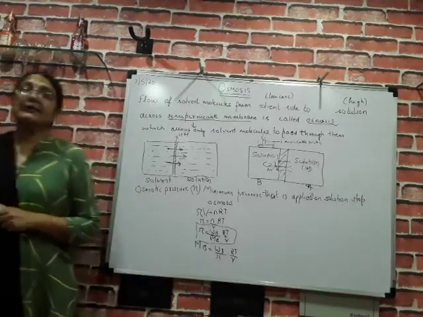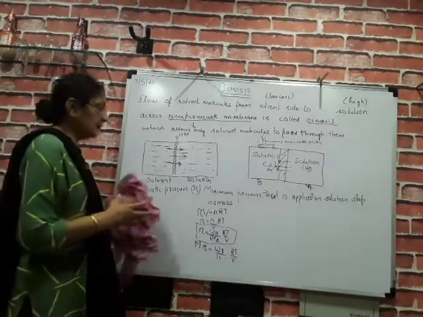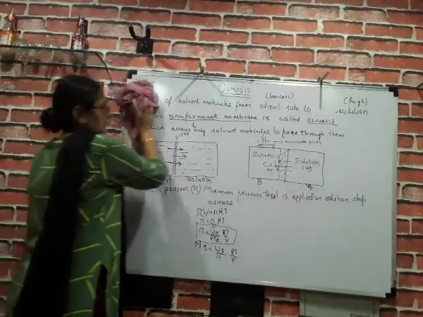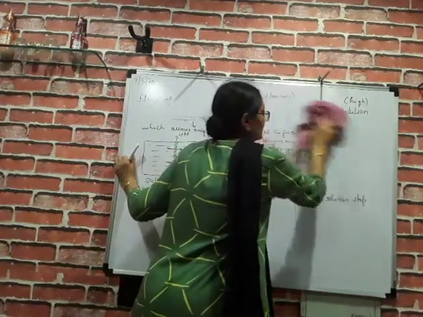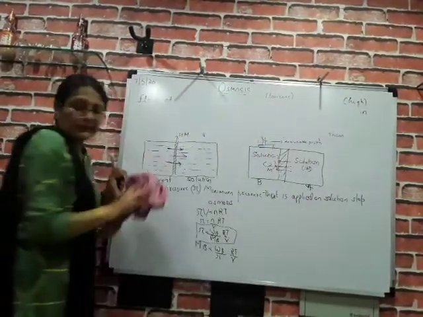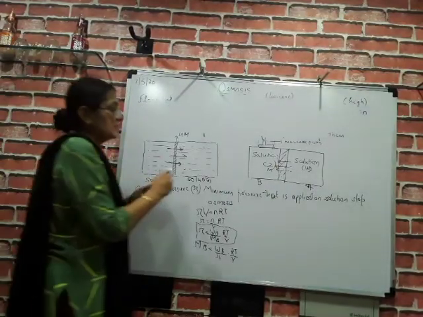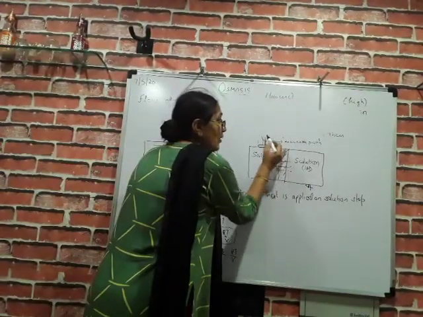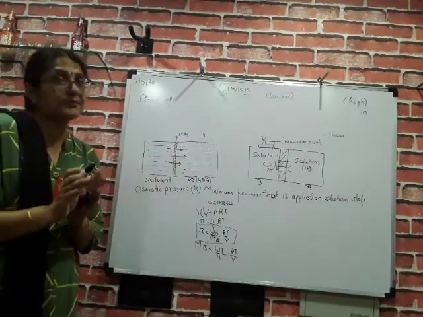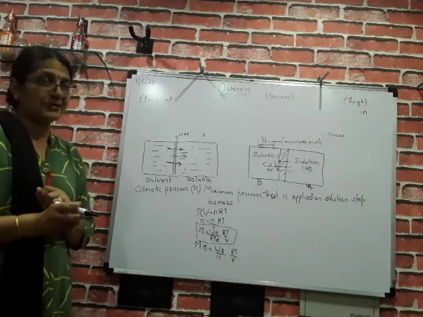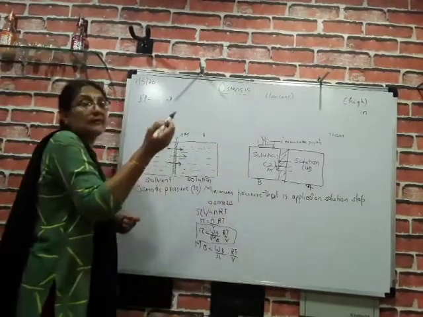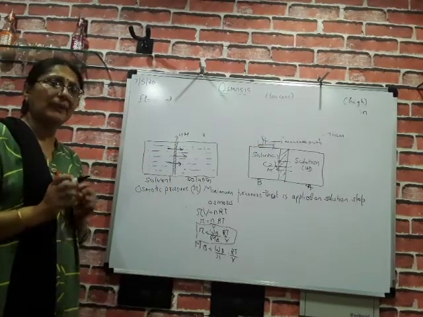Now I will discuss another process here. In the second experiment, when you apply enough pressure which stops the process of osmosis, that is osmotic pressure. If I apply pressure more than osmotic pressure, what will happen?